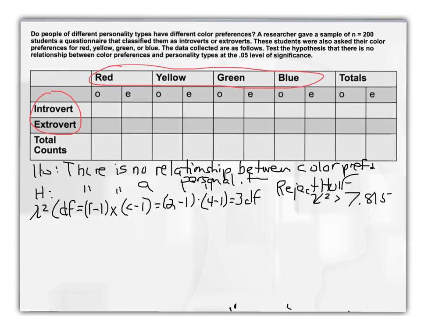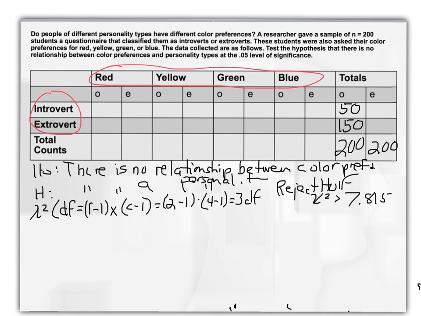There were a total of 200 people in this study. Of that 200 people, 50 were introverts, and 150 were classified as extroverts.